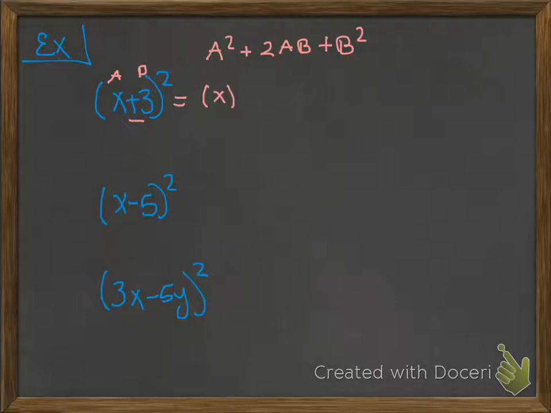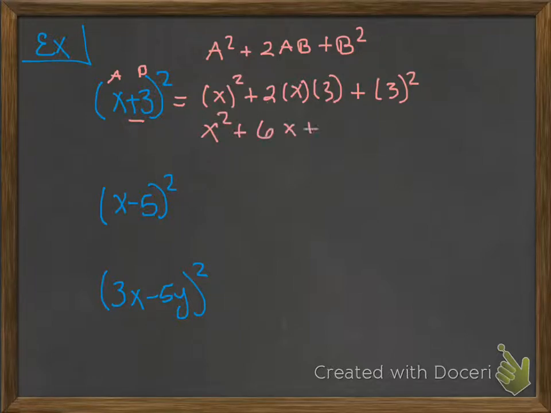Again, I like to use parentheses, so x squared plus 2a is x, b is 3, plus b squared. So that becomes x squared plus 2 times 3 is 6x plus 9.